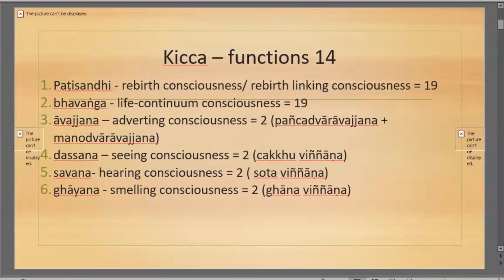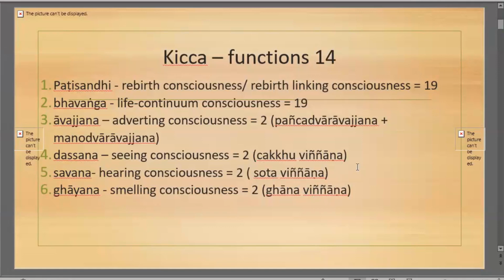So just to make a review, there are 14 functions. Rebirth linking consciousness is the Patisandhi function. How many chittas? There are 19 chittas. Then life continuum consciousness: Patisandhi, Bhavanga and Chuti chittas are the same 19 consciousness.